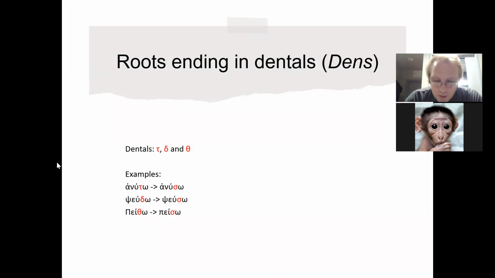Then we have on our list, finally, the dental consonants, which have been named after the Latin dens, meaning tooth. Accordingly, these are the consonants I form with the tongue against or between my teeth. In Greek, these consonants are represented by tau, delta, and theta.